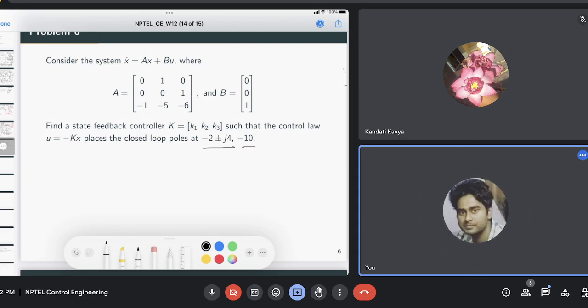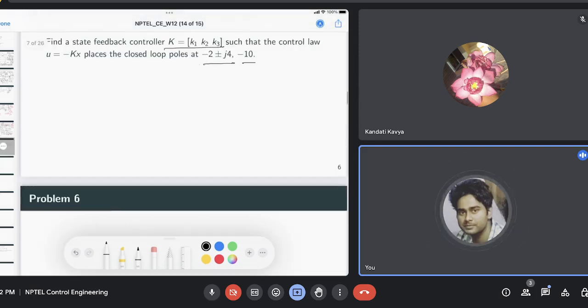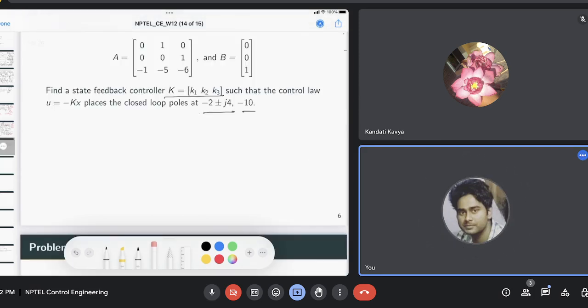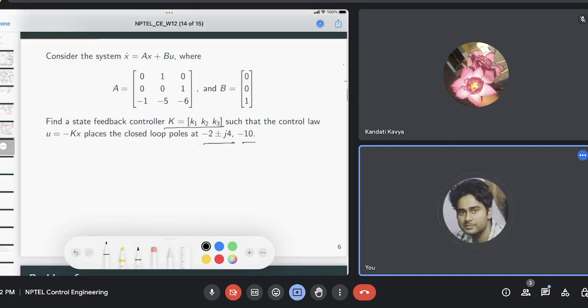So what will we do? We want some feedback form such that this A matrix will have these eigenvalues or poles at the desired location. First we will write the characteristic equation for the desired location.